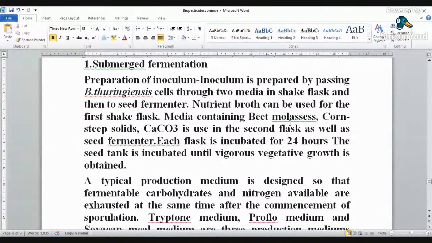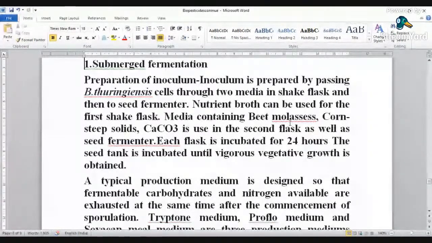That is, the organism is first inoculated into the nutrient broth. Then from the nutrient broth, the organism is inoculated into the second medium flask, which has beet molasses, corn steep solids, and calcium carbonate. Then from the second flask, after 24 hours, the inoculum is transferred into the seed tank and incubated until vigorous vegetative growth is obtained.